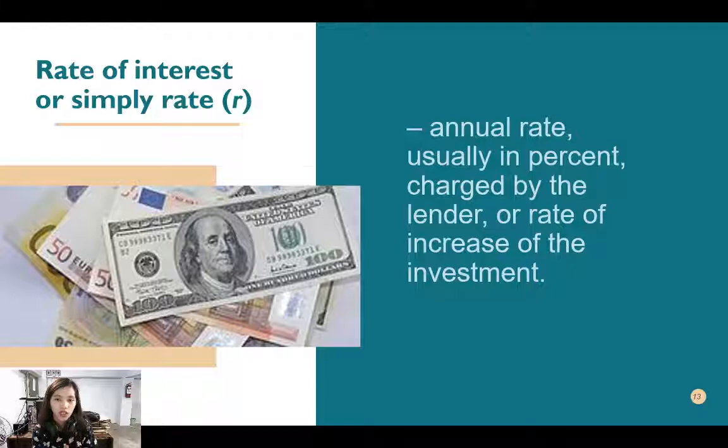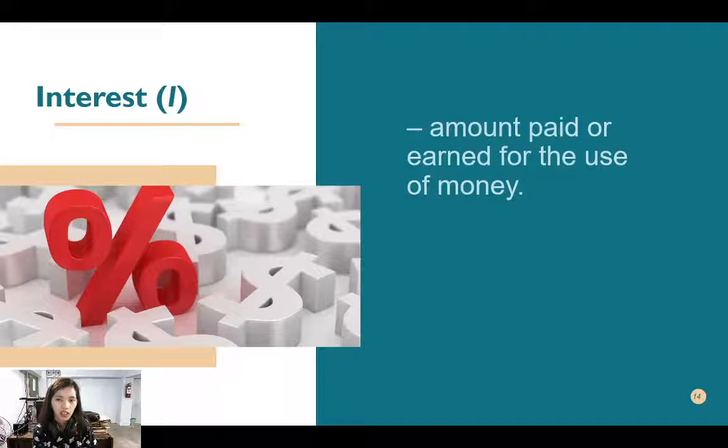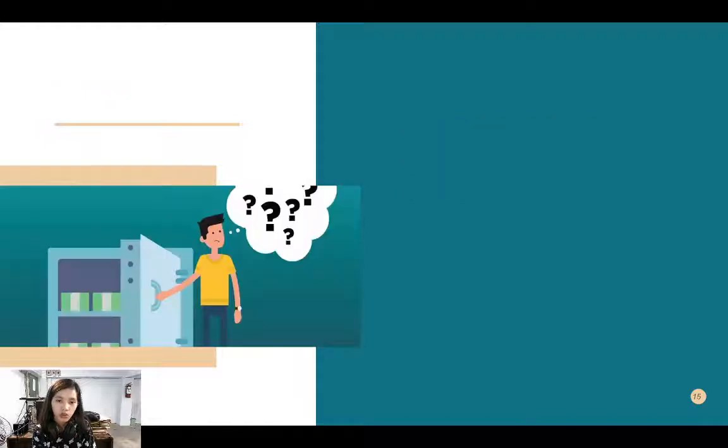So, ito yung annual na patubo ng iyong utang. Interest, amount paid or earned for the use of money. Yan, connected siya dun sa last natin. So, ito yung kung ilan portion ba yung tutubuin mo.